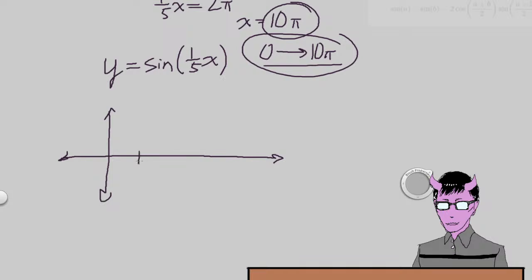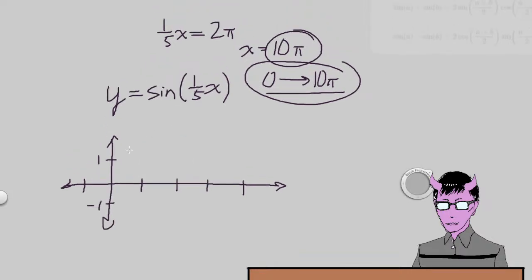So count 4 hash marks: 1, 2, 3, and then 4. I'm going to put 1 hash mark to the left. This is default amplitude of 1, so this is going to be 1. Technically it's supposed to be really, really low, but I'm going to put it not to scale, positive 1 right there, and negative 1 right there.